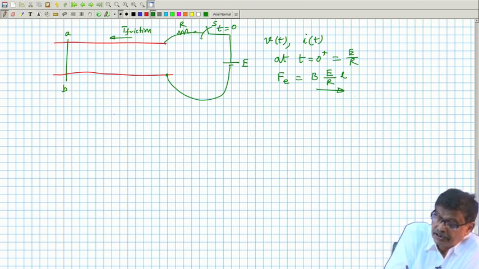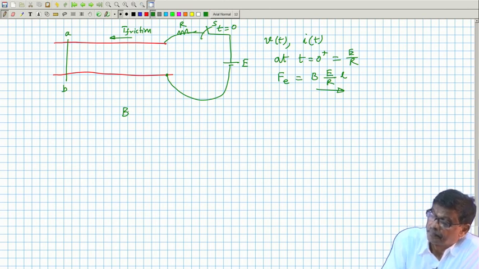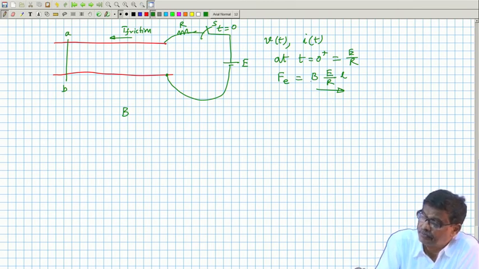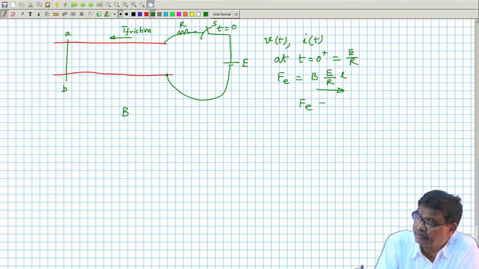But as it starts moving, there will appear this back EMF. So, there is some starting force acting.